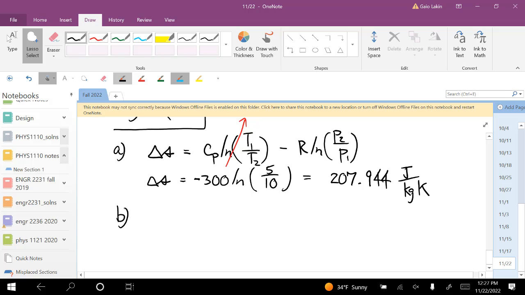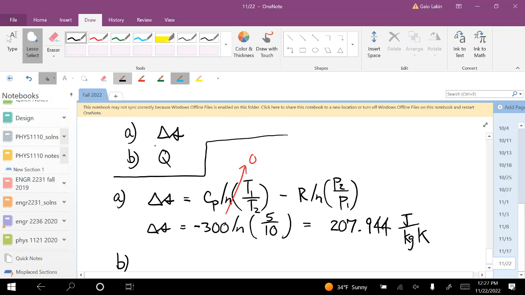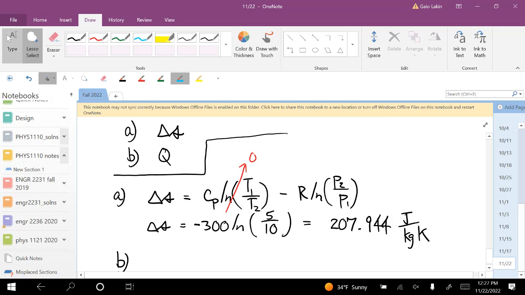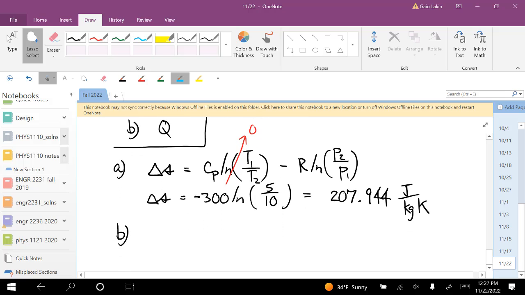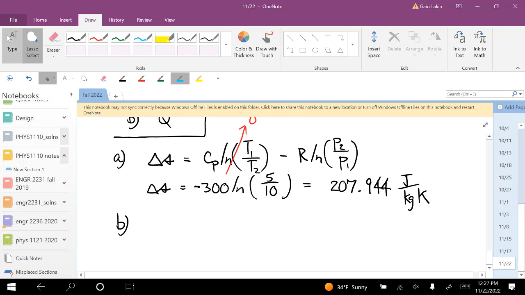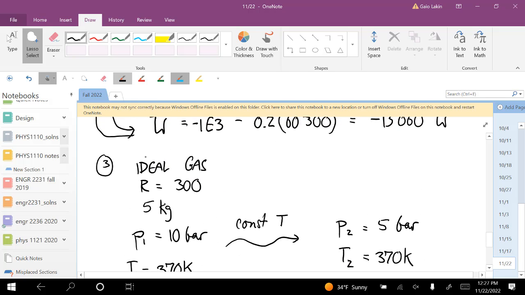And then for the second part, now we're trying to calculate the heat transfer. I didn't write this down, but it's internally reversible.